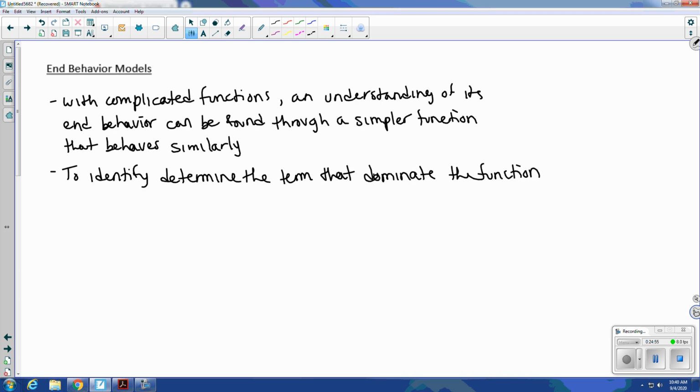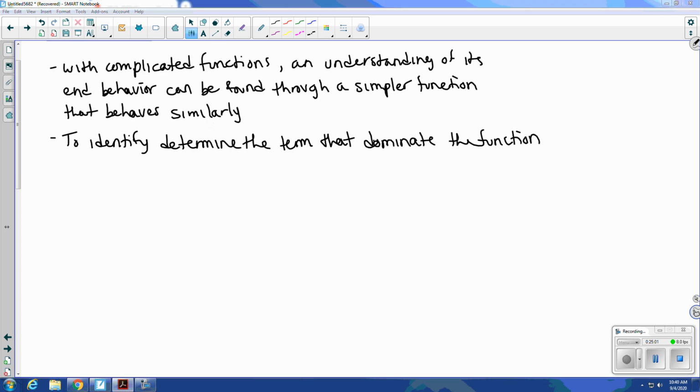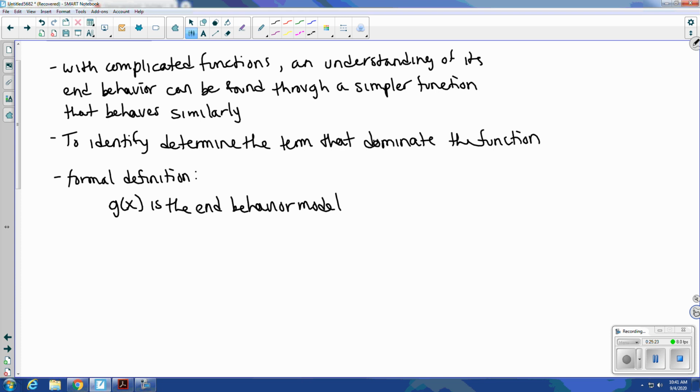A more formal definition is, so to check if you actually are using the correct end behavior model, we can say g of x is the end behavior model for f of x if the limit of f of x divided by g of x as x approaches plus or minus infinity equals 1.